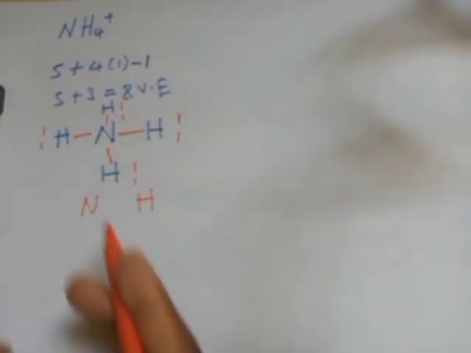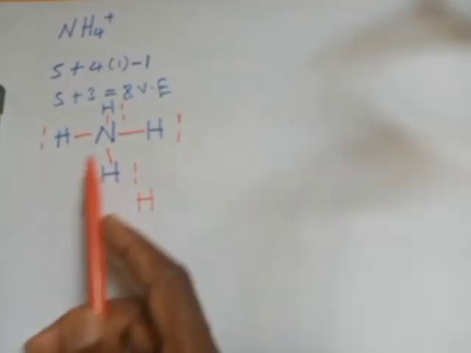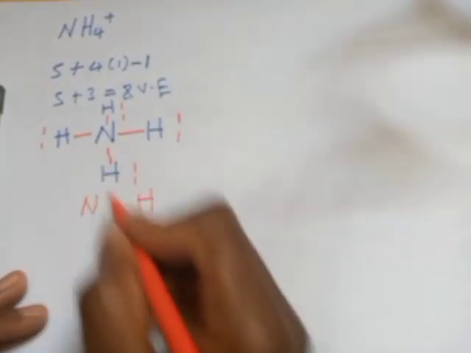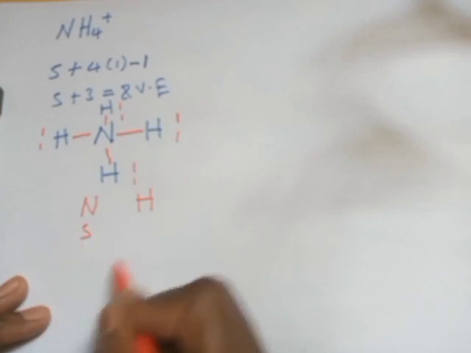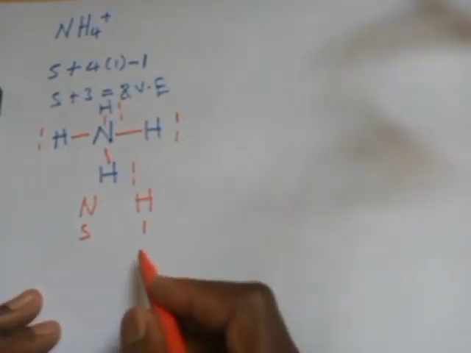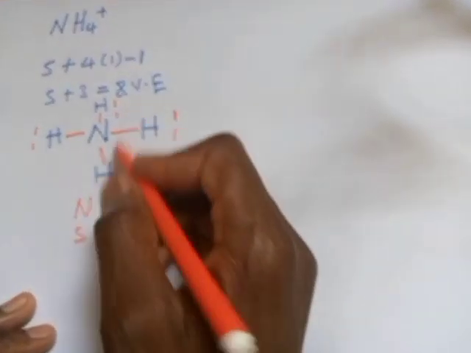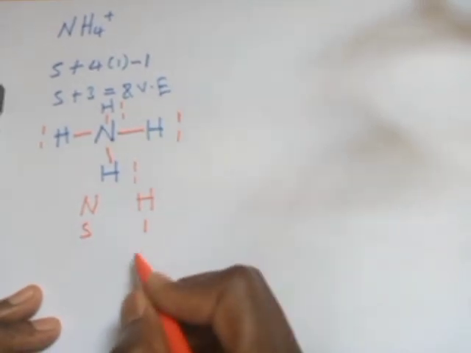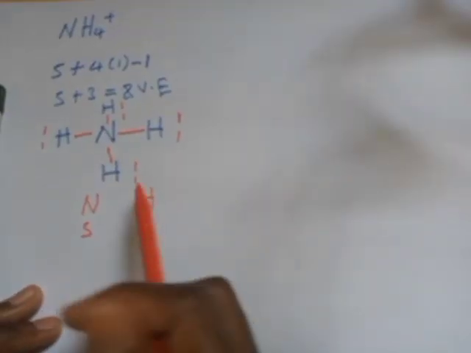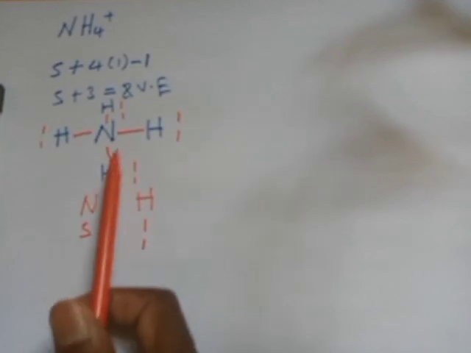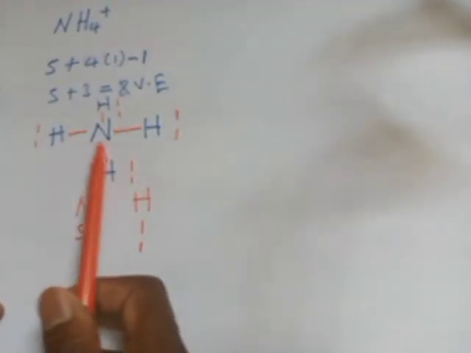Then whenever you come to the central atom, how many electrons must it have? It must have 5 electrons, since nitrogen initially has 5. After sharing the bonds in half, we are going to have 1 from each bond.